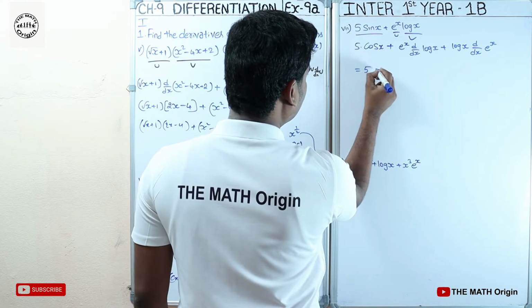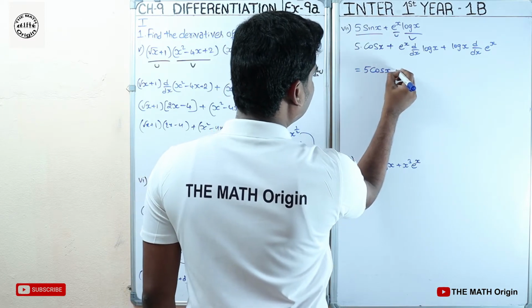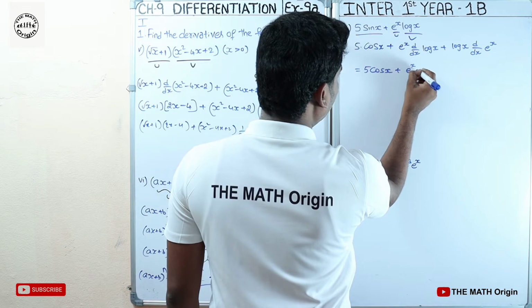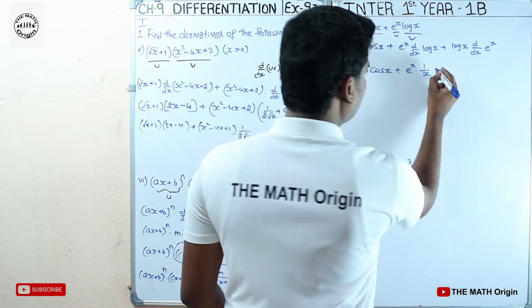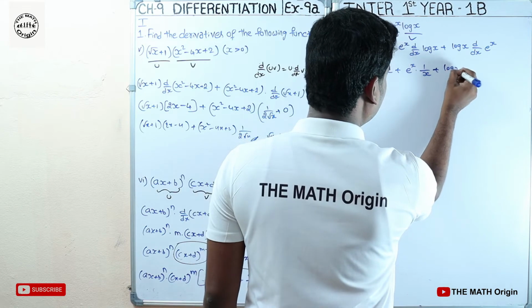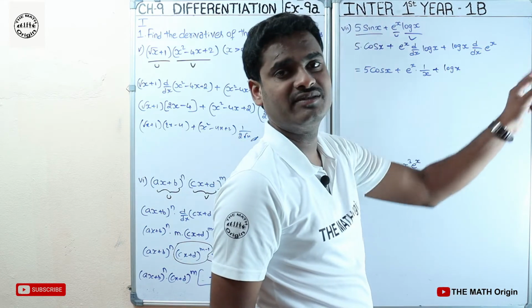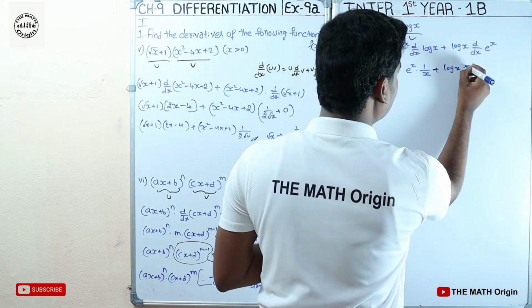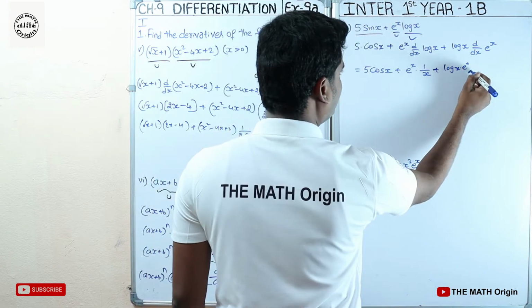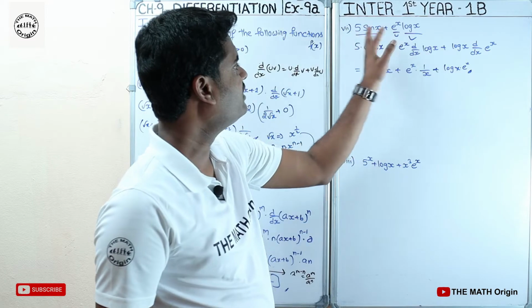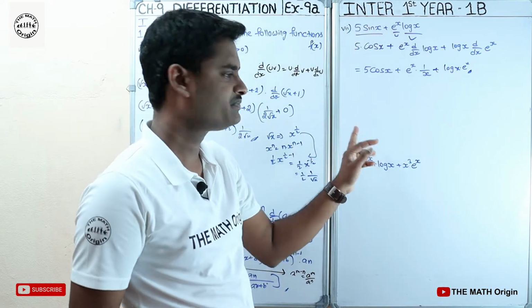Therefore that is equal to 5 cos x plus e power x into (differentiation of log x is 1 by x) plus log x into (differentiation of e power x is e power x). So the value will be as is. This is the final derived equation for the seventh question.